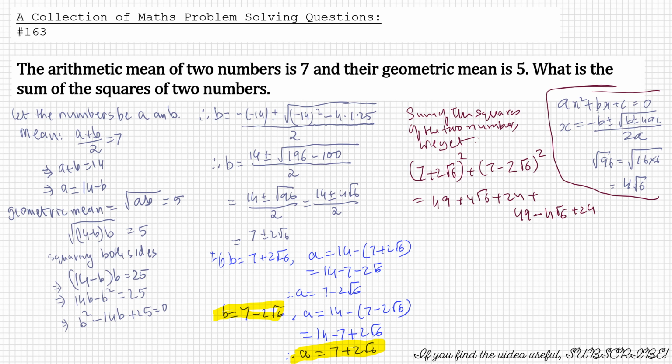And that would give you, the 4 root 6 would cancel out, and 49 plus 49 plus 24 plus 24, if you do, you will get 146, and that is the answer.